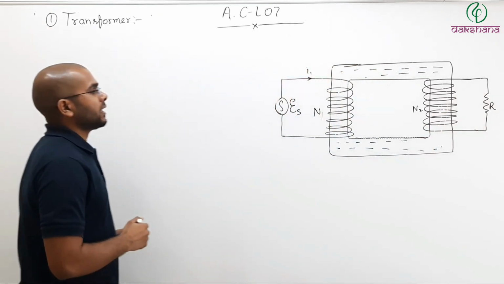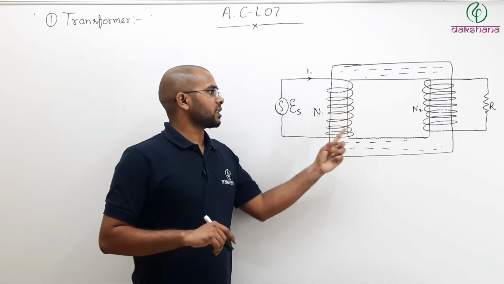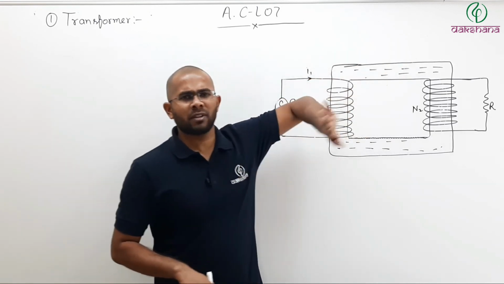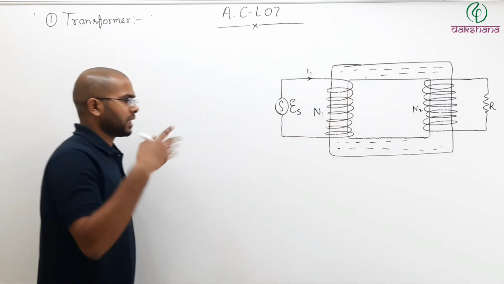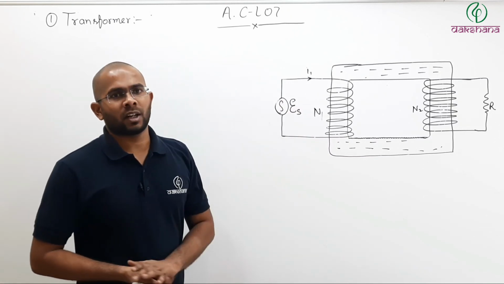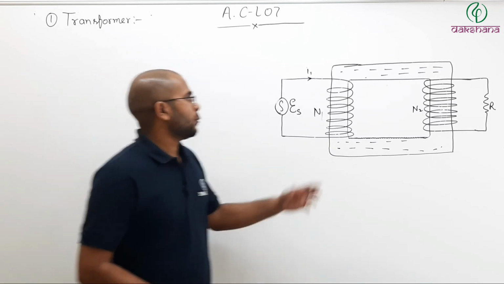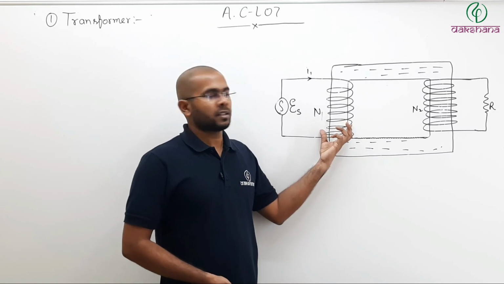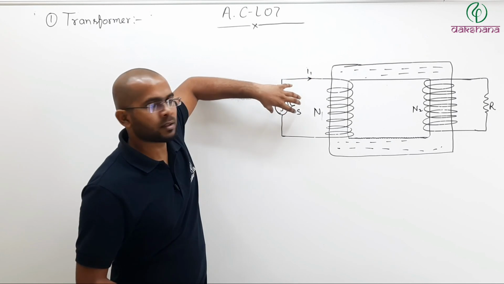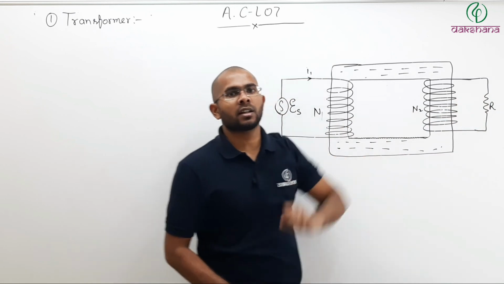Now assuming that there is no resistance in these coils and no loss of energy, there are multiple ways where energy can be lost, but we will talk about that later. Assuming there is no loss of energy in this transformer, that it is an ideal transformer, whatever is the power here, the same will be the power here. Meaning whatever power is supplied by this source, the same is delivered to this external resistor.